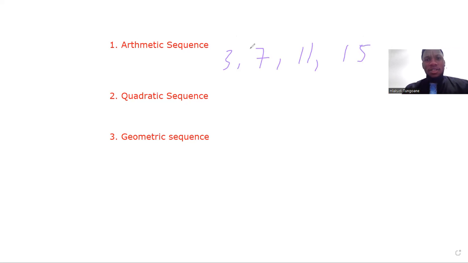If we take the difference between these consecutive terms, 7 minus 3, I get 4. I take the next minus this one, I get 4, and again 4, right? Because the difference between consecutive terms gives you a constant difference, this sequence is called an arithmetic sequence. That's how you are able to distinguish if it's arithmetic or not.